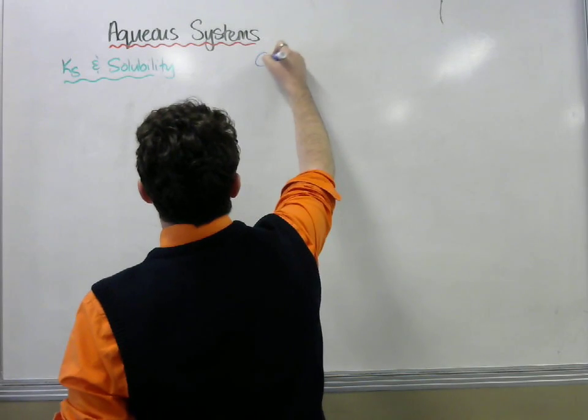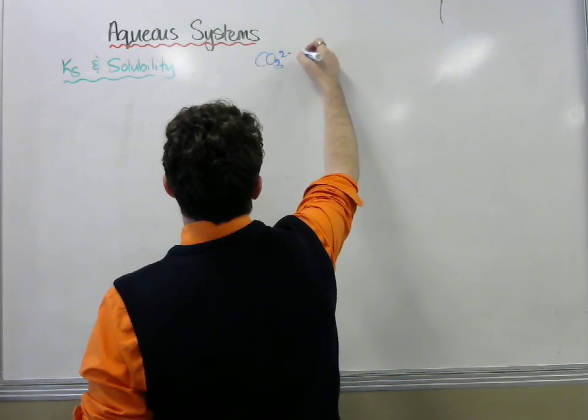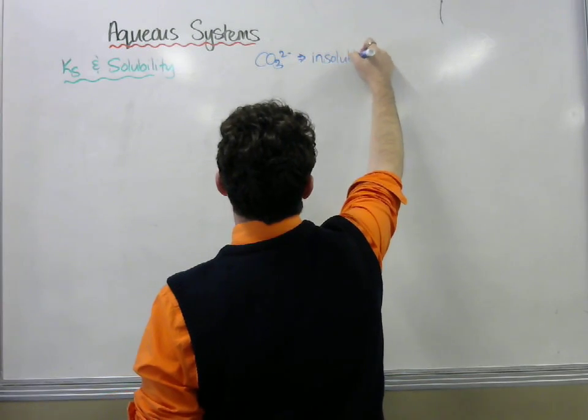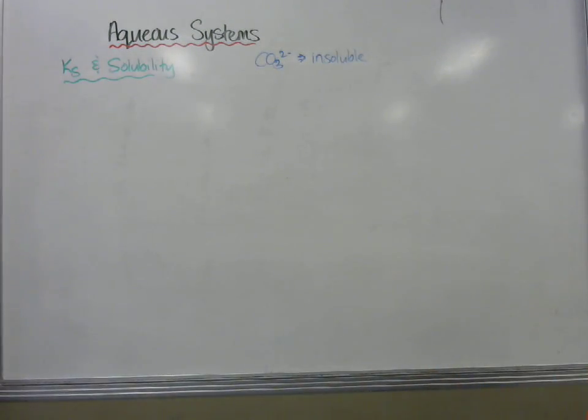So one of them, and the one I'm going to focus on, is this. Now, we kind of lied to you. They're not completely insoluble. Because they're ions, they have to be partially soluble at least, because they can be surrounded by water molecules and therefore removed from the crystal or from the powder.